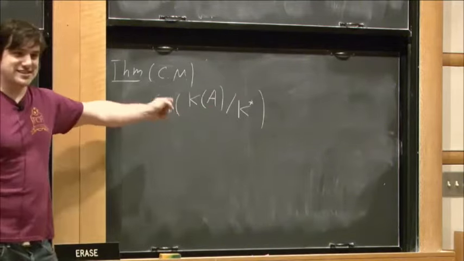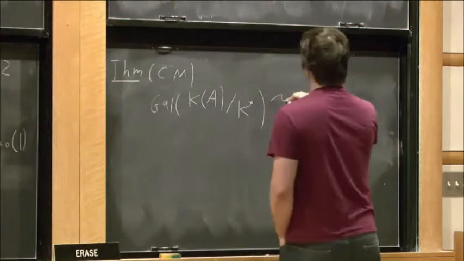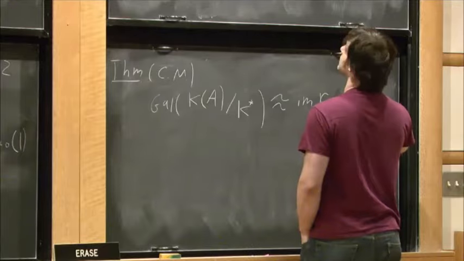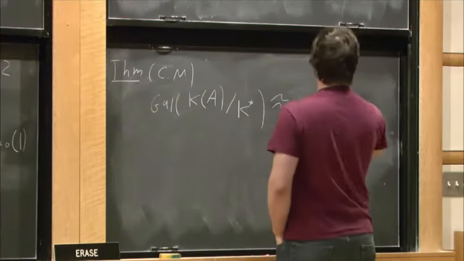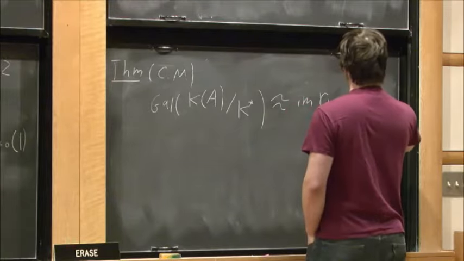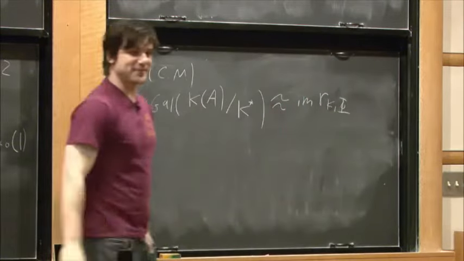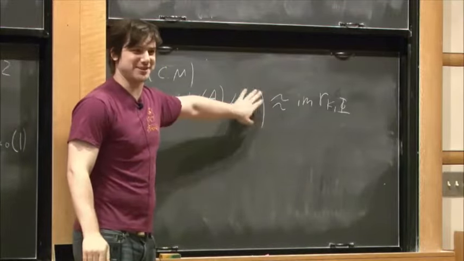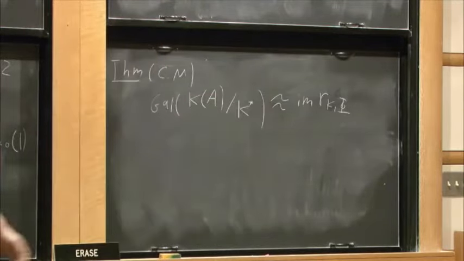And then if you look at this Galois group, then this is isomorphic to the image of R sub, what did I call it, K phi. All right? I'm not entirely sure if it's a K star or a K here, but for my purposes, I don't really care, because I only care about the size of this number. But I think this is right.